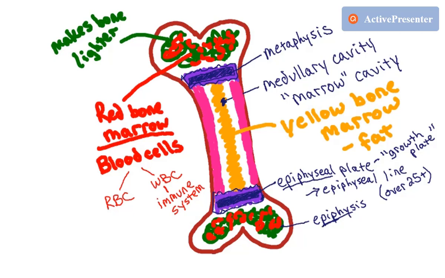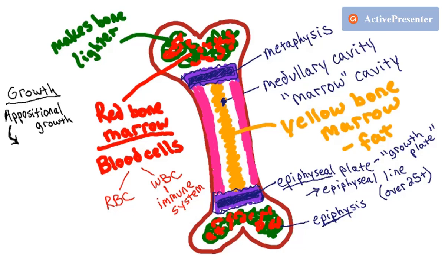Now, if you remember, I had said in the previous video, there are two basic ways that bones grow. They grow appositionally, appositional growth, and that's when the bones are repairing themselves for some reason, if you have a breakage or a fracture.